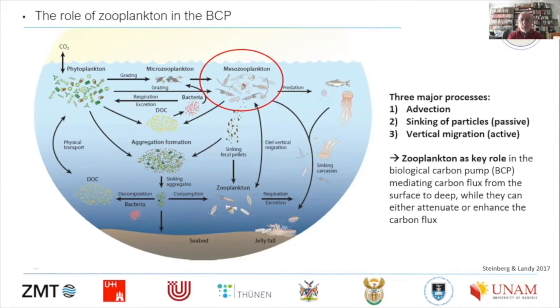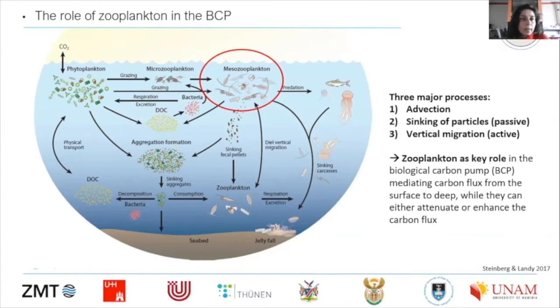It starts with the phytoplankton incorporating the CO2 into organic matter, and it is made of these 3 major processes, which are the advection processes, the sinking of particles, which is also referred to as the passive fluxes, and the third one is the vertical migration, which are also referred to as the active fluxes of carbon.